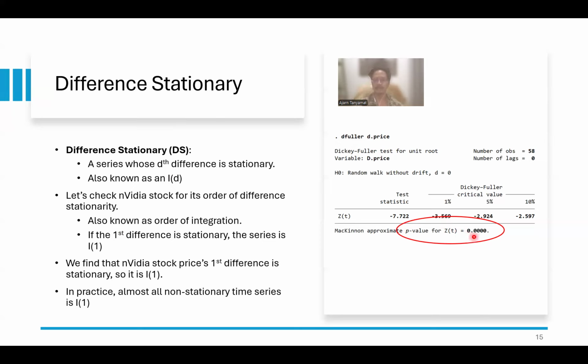The p-value is almost 0, so the first difference is stationary. This means that for NVIDIA stock, if we want to estimate a model with explanatory variables, we need to take the first difference to make a meaningful estimation. Okay, I'm going to end the video here and pick up on the next topic.